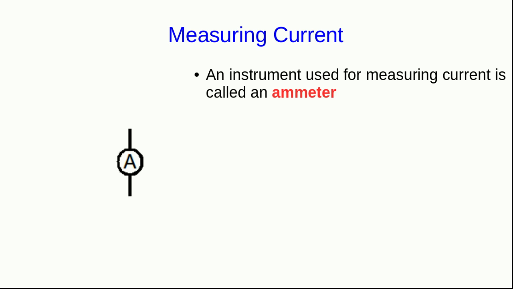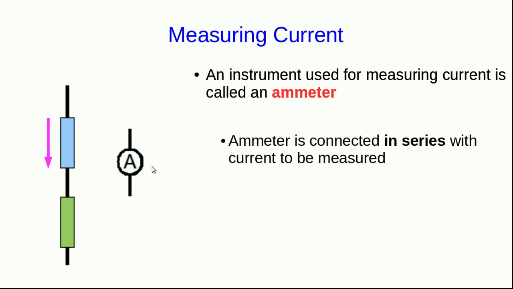On the other hand, an ammeter is rather different. An ammeter is what we use for measuring current, and so if you think about how we need to measure current, we need to make sure that the same current will go through the ammeter as goes through the thing that we're measuring the current through. So we have to put the ammeter in series with the object that we're trying to measure the current through.